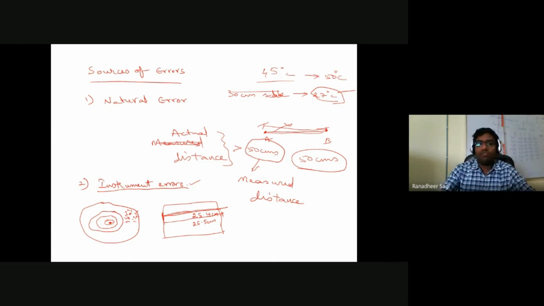And likewise, we might also come across another kind of error, which we call personal errors. Now, what do we mean by these personal errors? Let's say, for example, as a surveyor, when I am trying to carry out my survey in the field, on that particular day my health is not good, or the climate is not very supportive.